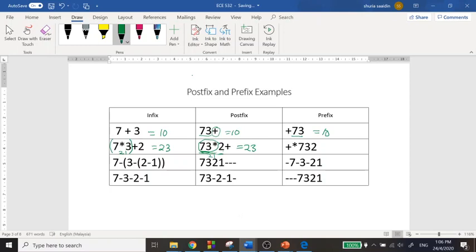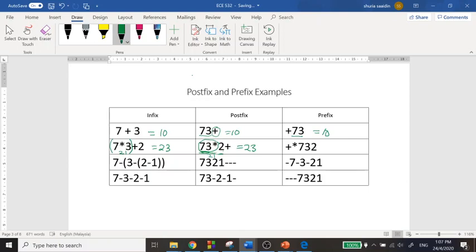Similarly in prefix, you have to scan through from right to left. So you go from right to left. So 2, 2 is an operand, not an operator. So just move to the next one. 3 is an operand, just move to the next one. 7 is an operand, so move to the next one.